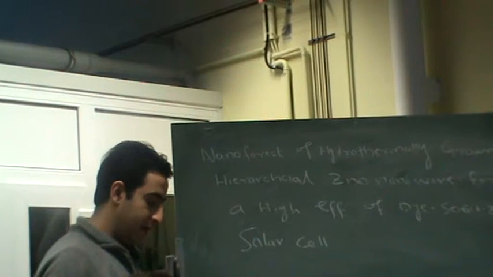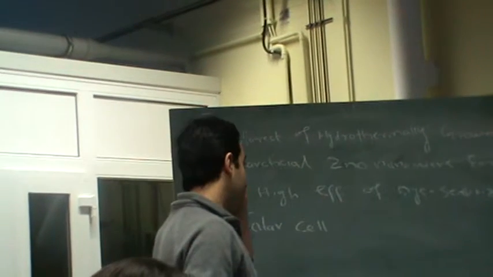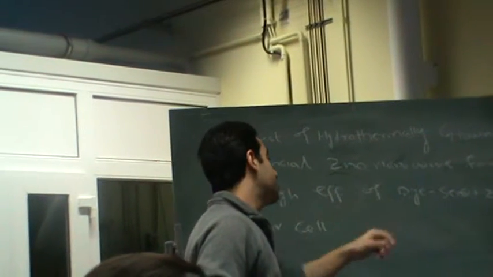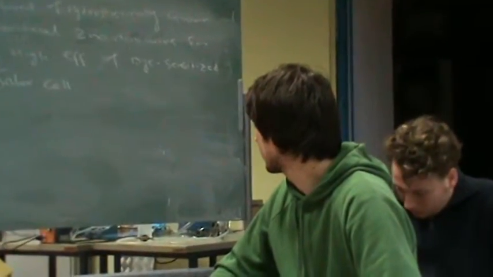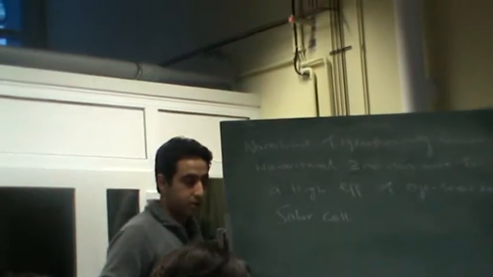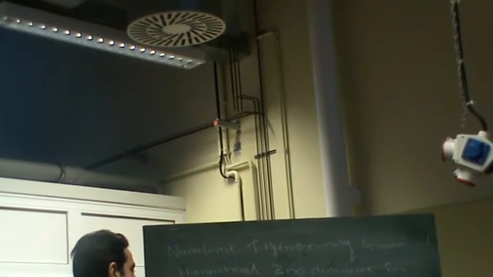The idea which I told you is to replace titanium oxide with zinc oxide, because previously titanium oxide was used as a photoanode to produce energy, but the efficiency is not high.